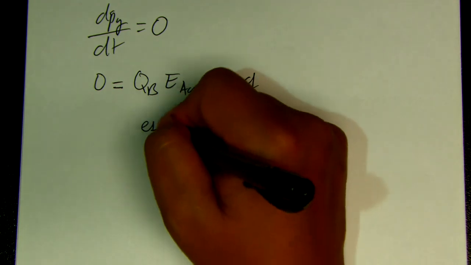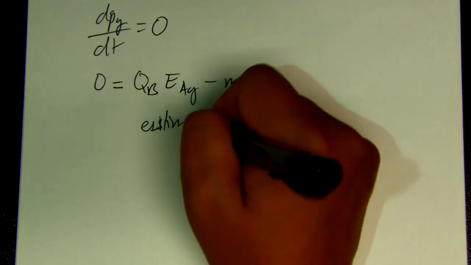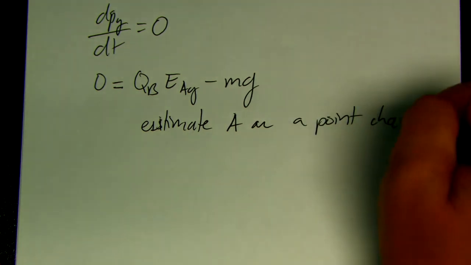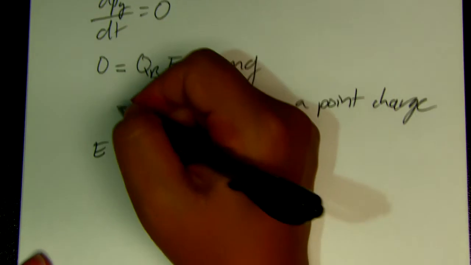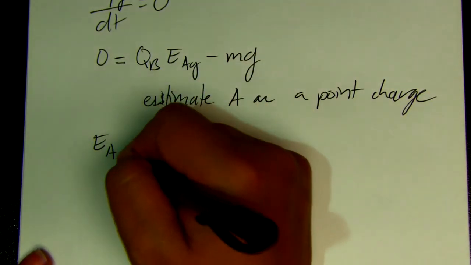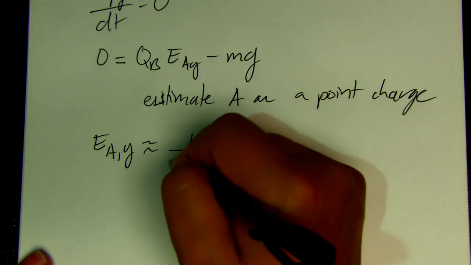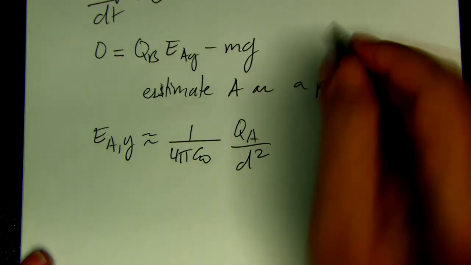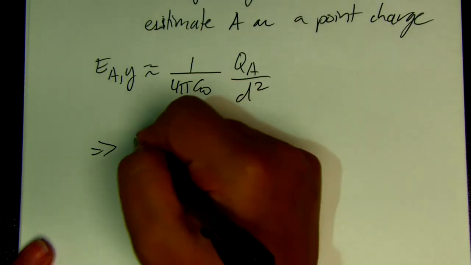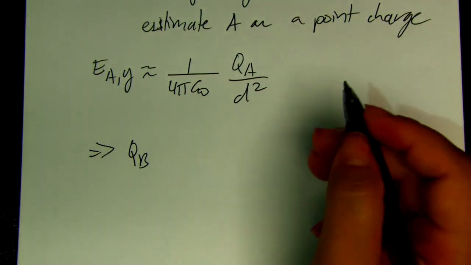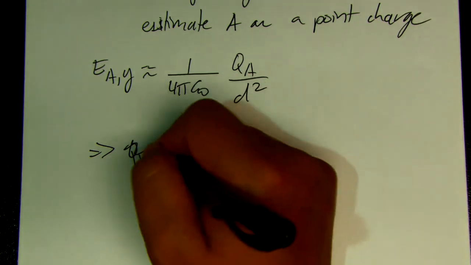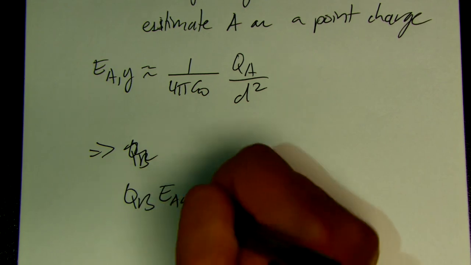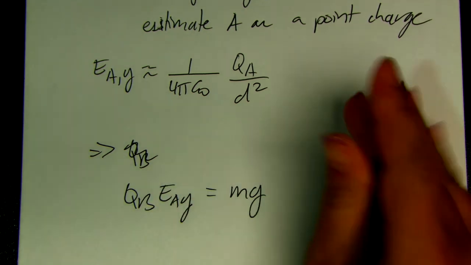And we're going to estimate A as a point charge. So the electric field due to tape A, which is attracting tape B, is approximately 1 over 4 pi epsilon naught times Q_A over d squared. So we have that Q_B E_A,y is equal to mg from this setup.